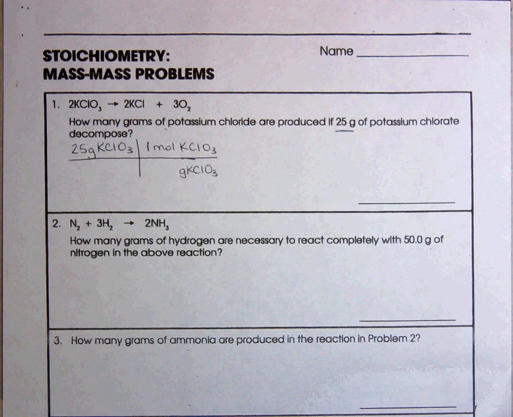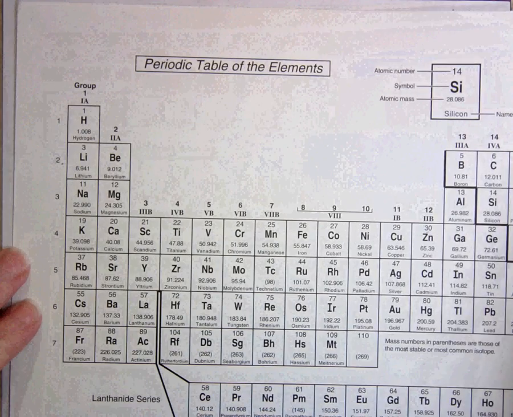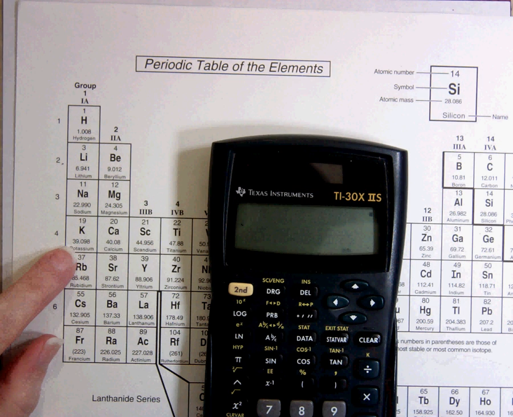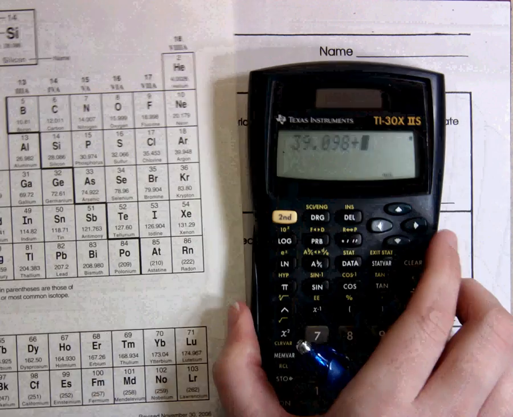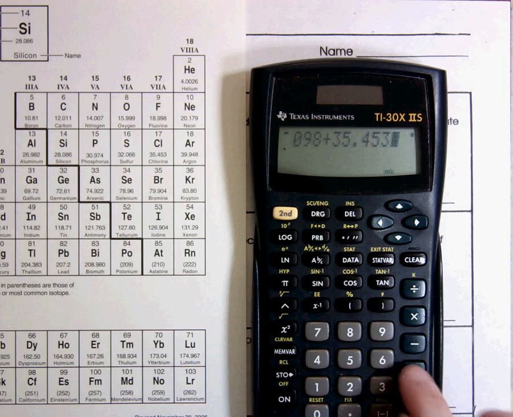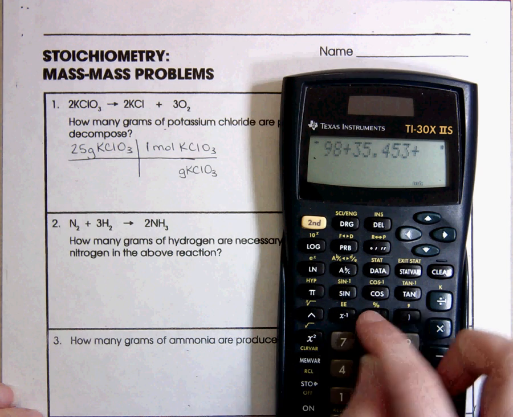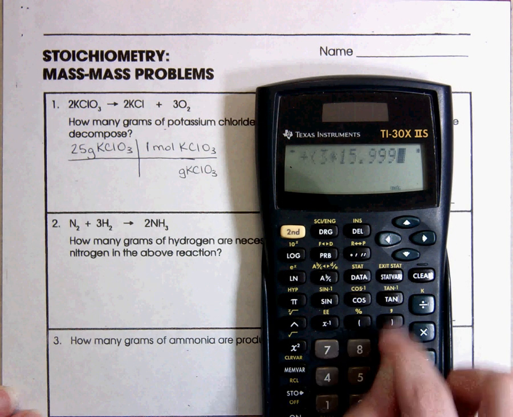I need to add up the masses of K, Cl, and 3 O's. So I'm going to do that with my calculator. So I'm going to have the mass of K, 39.098, plus the mass of Cl, which is 35.453, plus my mass of 3 O's, which would be 3 times 15.999.